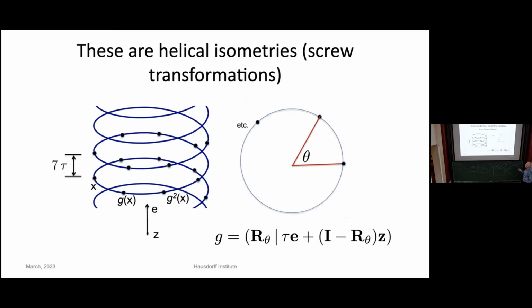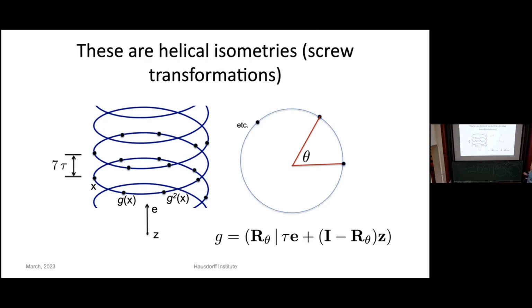We'll talk more about this later. We didn't say anything about helices, but in the end, these are so-called helical isometries. If I apply G to points in R3, if I apply G to X, I get this point, G squared to X, and so forth, and I create equispaced points on a helix. So they're helical transformations.